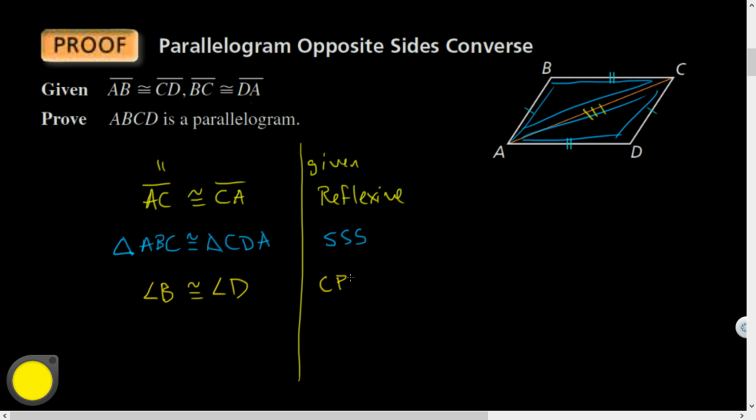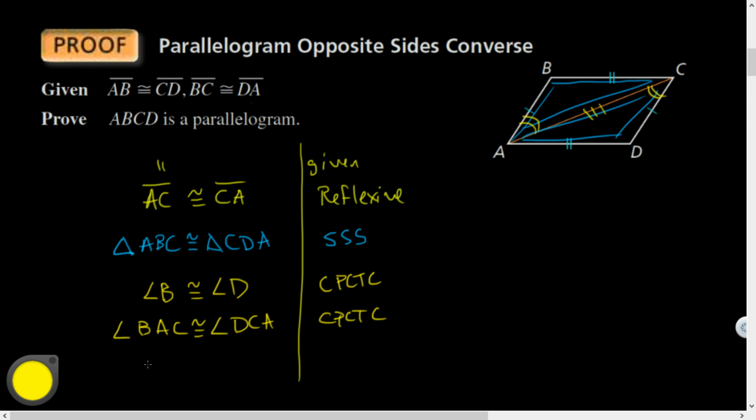So yeah, CPCTC. This is true but not helpful, but hey, it's there. And then as Lauren said, angle BAC is going to be congruent to angle DCA by CPCTC. All right, so those angles are congruent. I'll label those with a double arc.